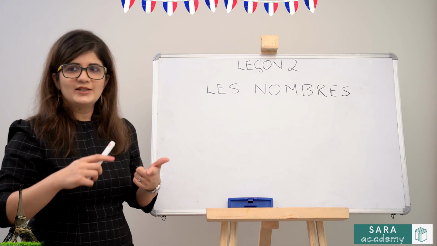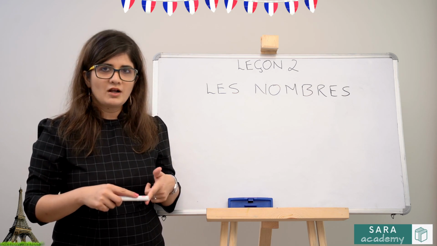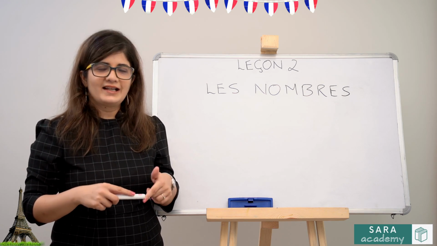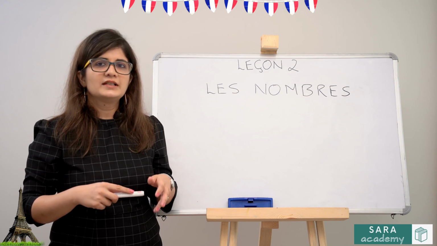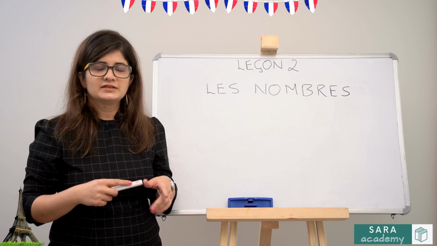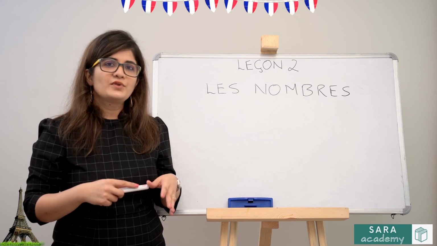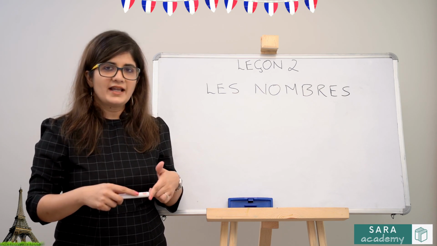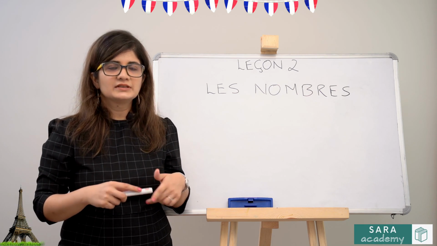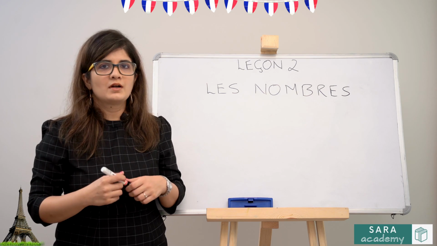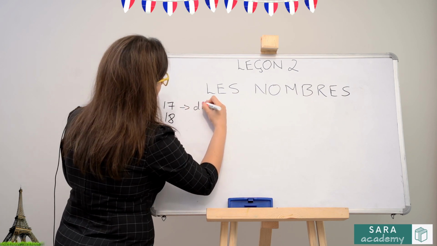So you can repeat after me. 0 is zéro, 1 is un, 2 is deux, 3 is trois, 4 is quatre, 5 is cinq, 6 is six, 7 is sept, 8 is huit, 9 is neuf, 10 is dix, 11 is onze, 12 is douze, 13 is treize, 14 is quatorze, 15 is quinze, 16 is seize, 17 is dix-sept, 18 is dix-huit, 19 is dix-neuf and 20 is vingt.